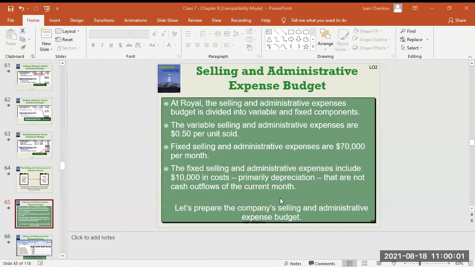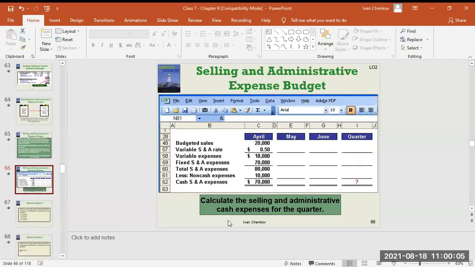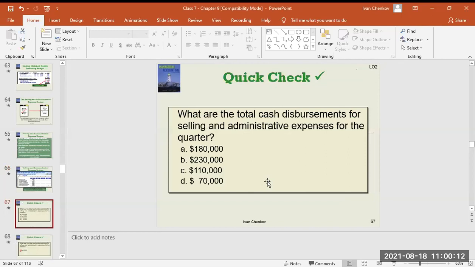Now let's go back to the slides and see how the slides continue. Again, we're going to do this for April. And once we do it for April, let's see what's the question. What's the total cash disbursements for the selling and administrative expenses for the quarter? Let's go to the Excel spreadsheet and see what's the answer for that one.